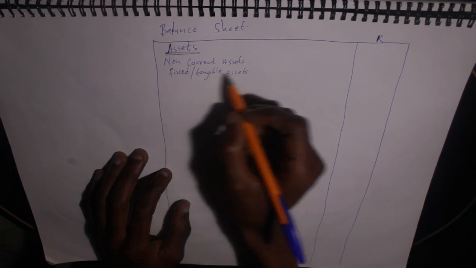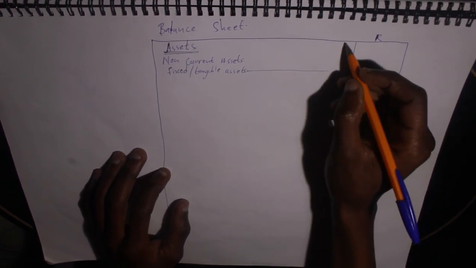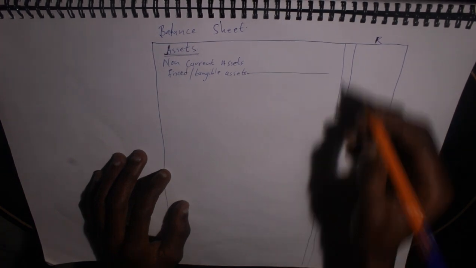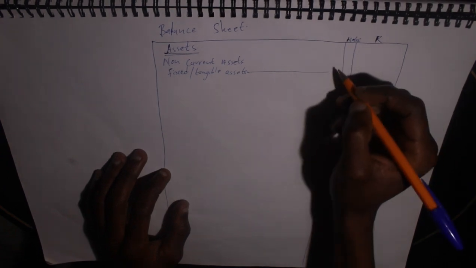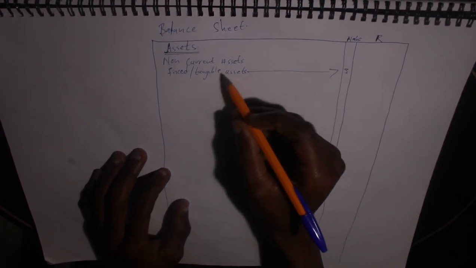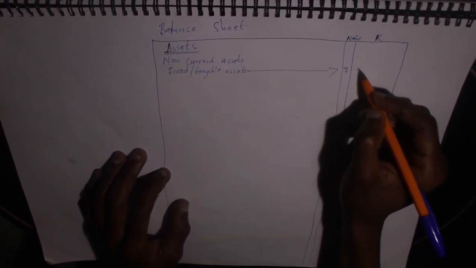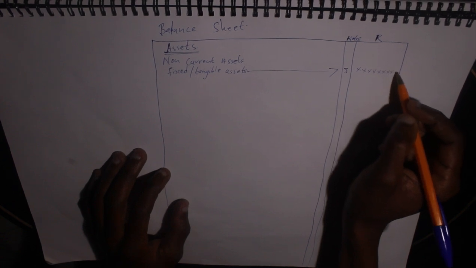Then we have that, and this is note number 3. Let me just put a column here for notes. This is note number 3. Now the value of your assets will be shown here. Total value of your assets, you will reflect it here.